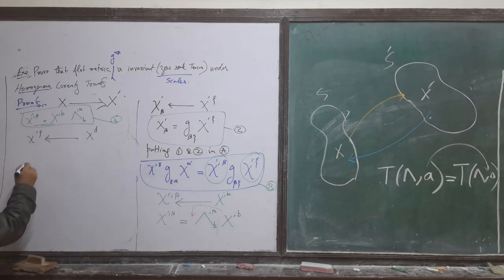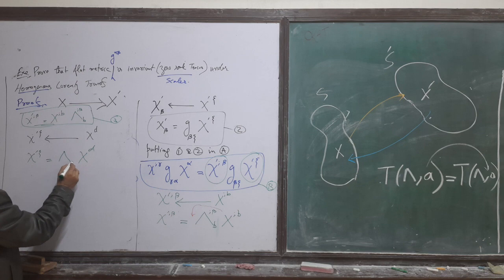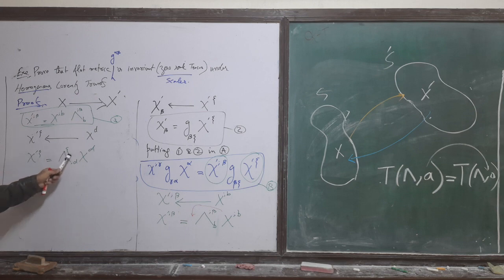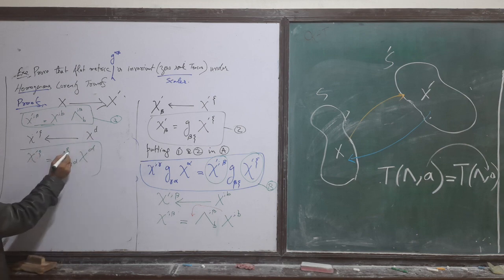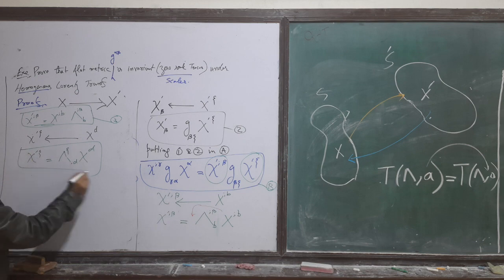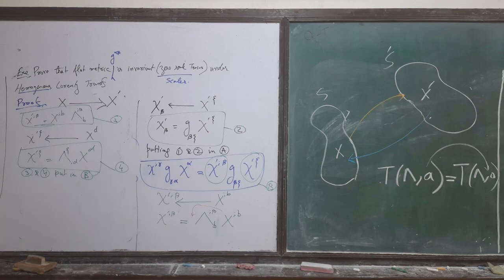D must contract with the column. Row free indices, D is contracting. 3 and 4 put in B. Got it?